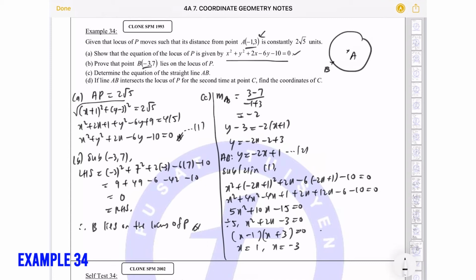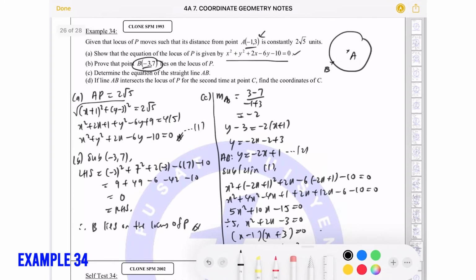Now, which answer should I take? I have two answers here, but point B is already given with x as negative 3. So we can't take negative 3. We have to take x equals 1. When you sub into equation number 2, my y is minus 2 times 1 plus 1, negative 1.